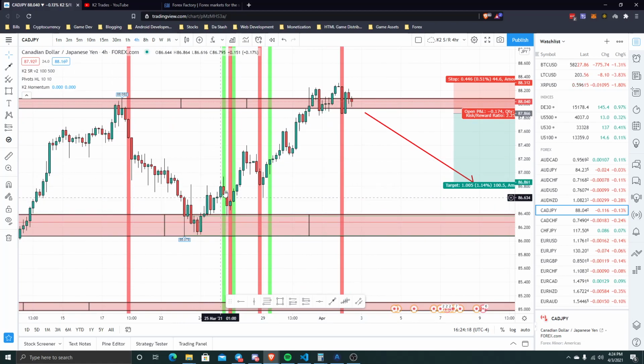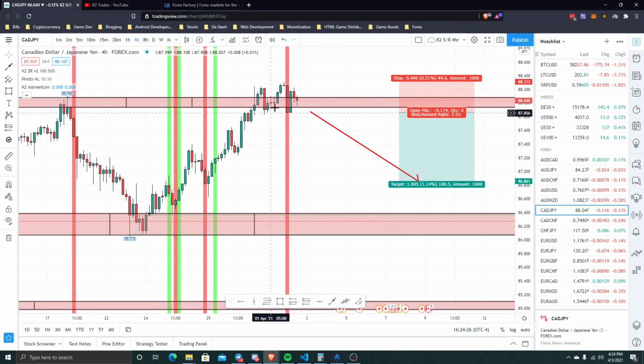As you can see, there were a little bit of irregular movements right here, so it might do the same thing at this point.